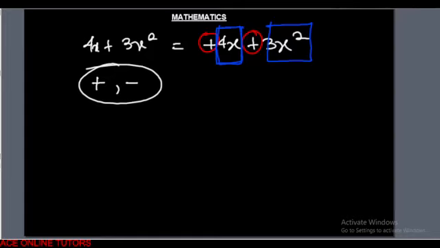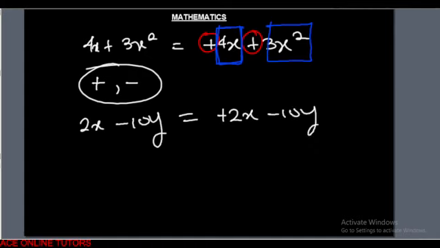So let's say we have been given another one. Let's say we have 2x minus 10y. How many terms does this have? This one also has 2 terms, because the 2x is a positive number, so you can say plus 2x then minus 10y.